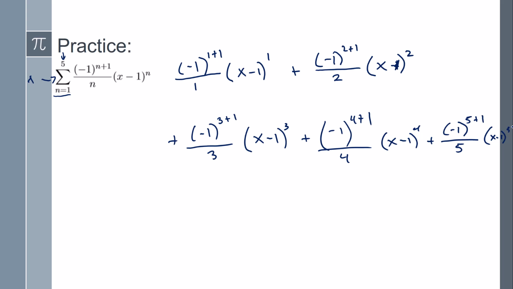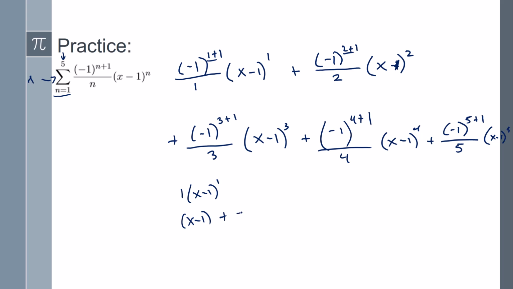Now, we're not going to have to super simplify it, but there are some things that you can simplify. For example, this is -1 squared. -1 times -1 is +1. So 1 times x minus 1 to the first, which is just x minus 1. We're going to add that to, now this is 3, so -1 times -1 times -1, that's negative.